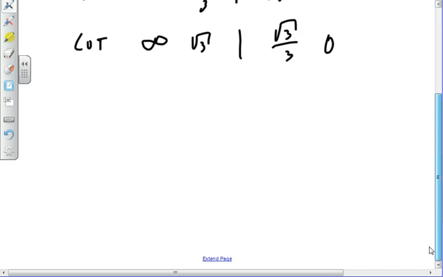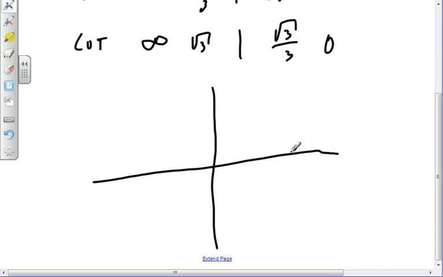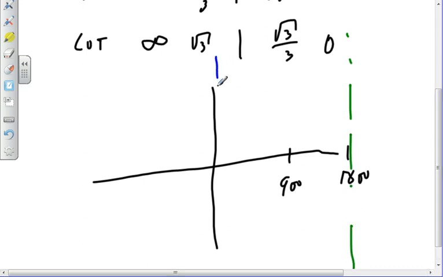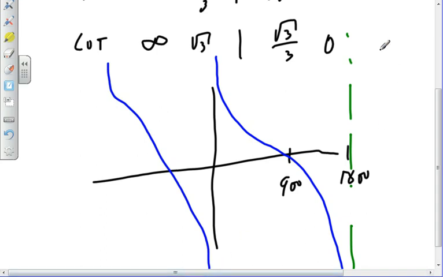So my cotangent, I would come out to 90 degrees, and then over to 180 degrees. I'd throw in a construction line, and then I'd come down from infinity, pass through there, and do it over here. And then that would happen multiple times.